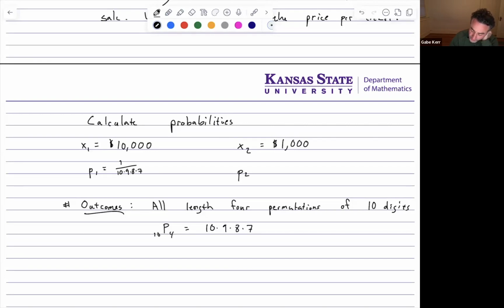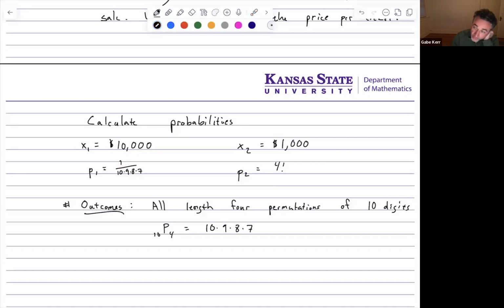It's going to be 4 factorial, except for the one way where it's the actual number. If we got that one possibility, we would win 10,000, the exact right number.